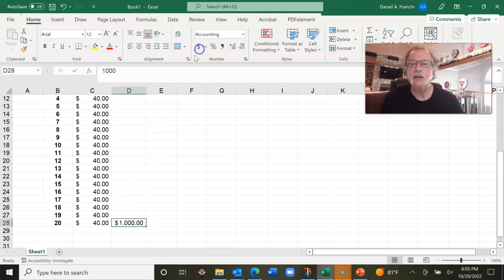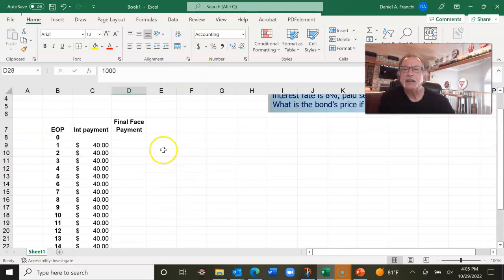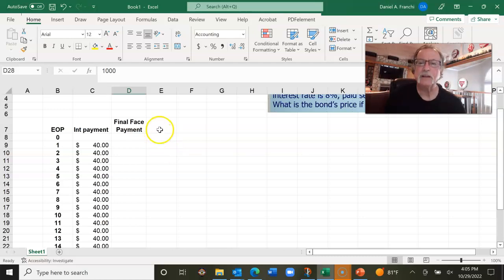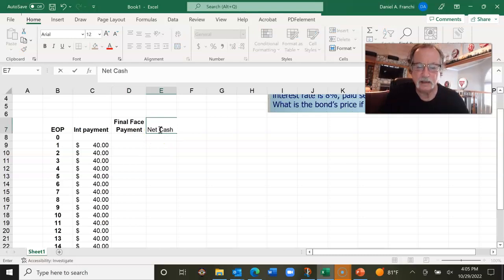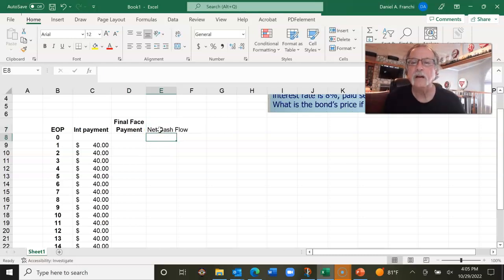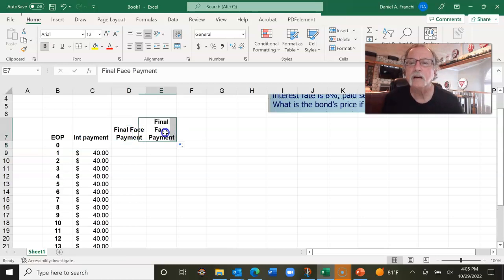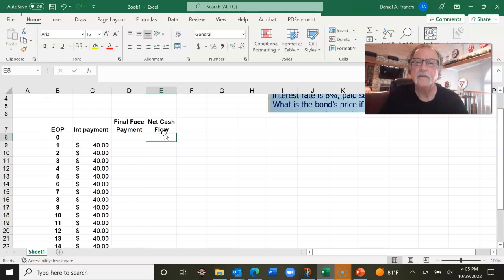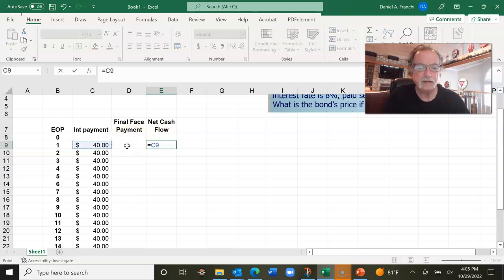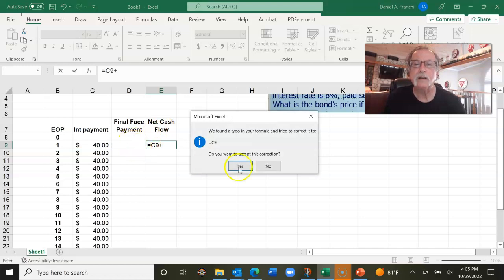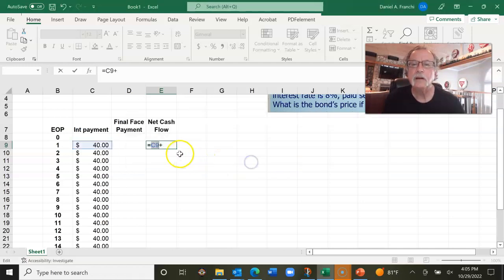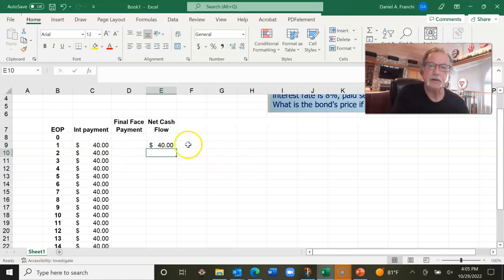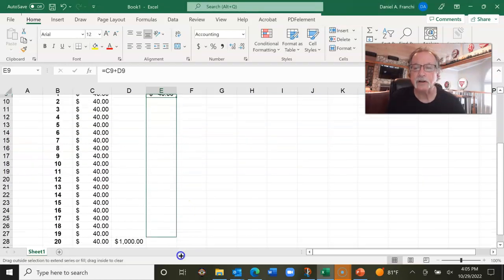So whoever holds the bond is going to get this cash flow stream. It's just going to be $40 per period, except the last period is going to be $1,040.